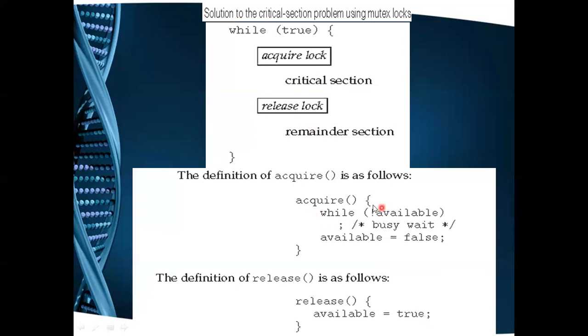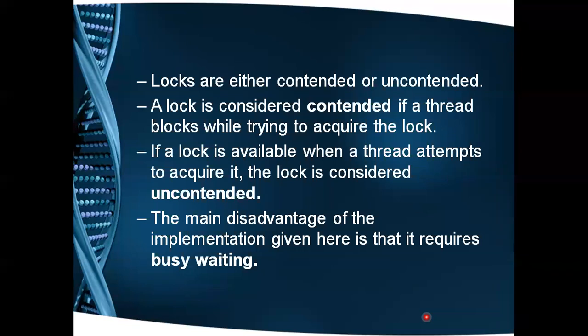If it is true, the process can enter the critical section and make it false. Similarly, in the release method, it is already false and can be changed to true so that the next process can enter the critical section. So this is called mutex locks. Here is another definition related to that: locks are either contended or uncontended.